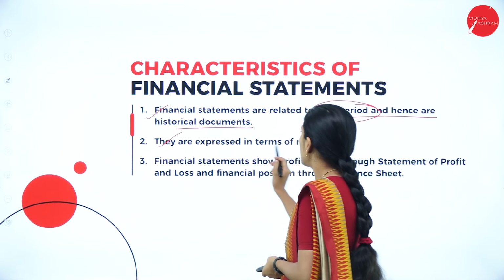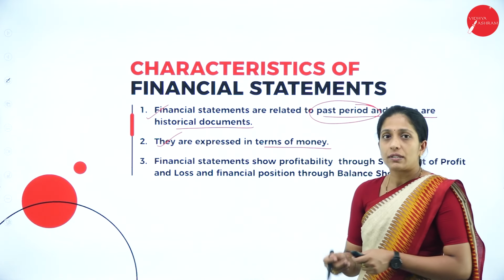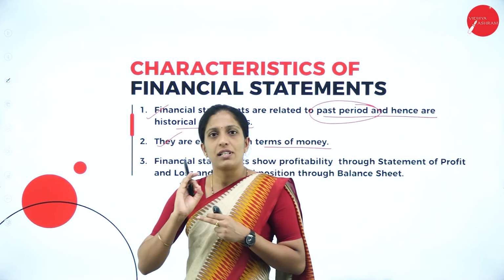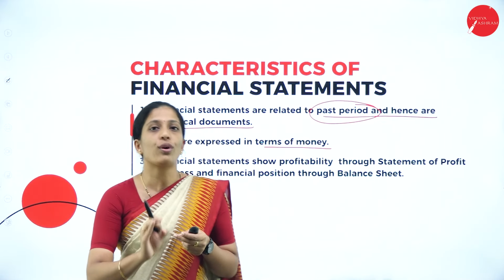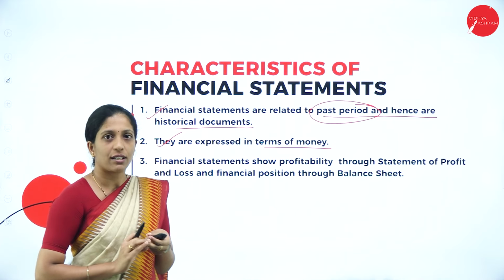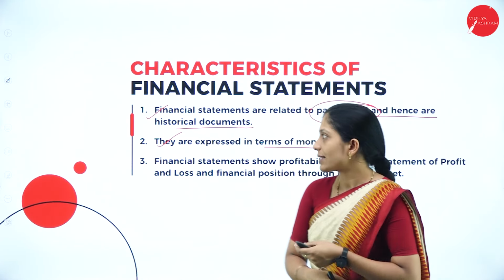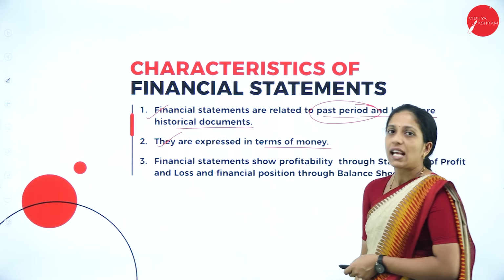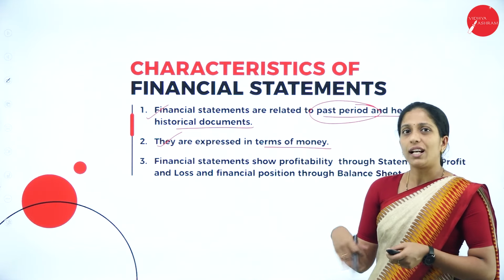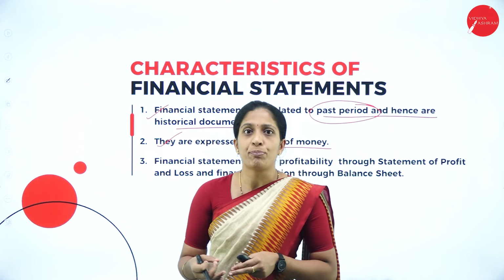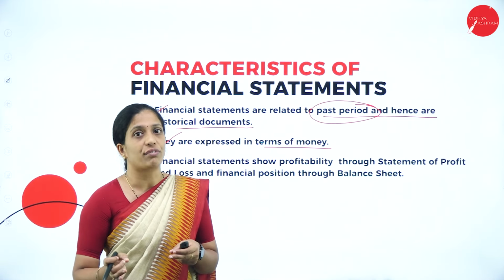Next, they are expressed in terms of money. Of course, the transactions we are going to record in the books of account, we have learned from the beginning, we will record only those transactions which are measured in terms of money or in monetary units. So the second characteristic is that they are expressed in terms of money. There are a number of transactions that take place in the business which are very important and which affect the profitability of the business.